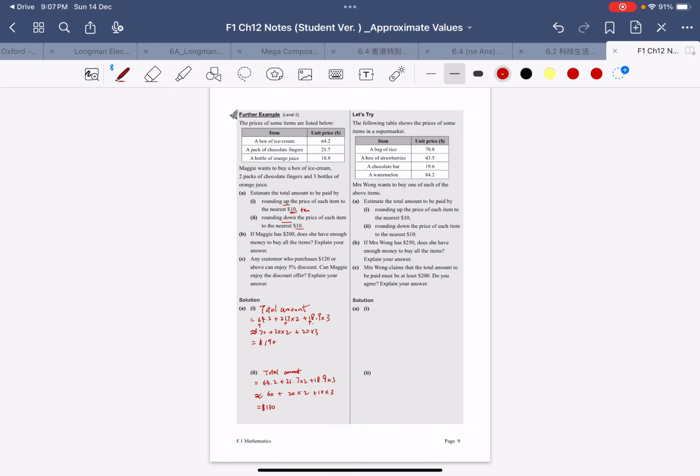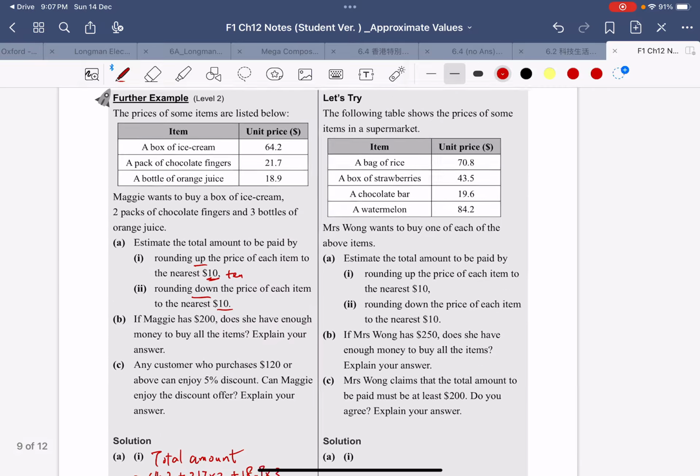We still have B and C parts, but maybe we do the next.